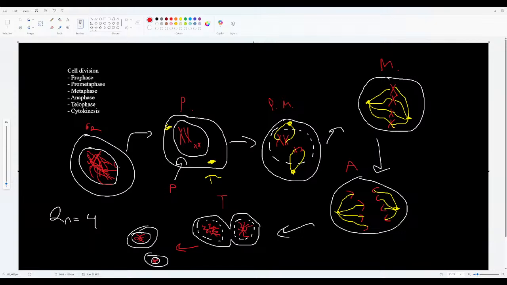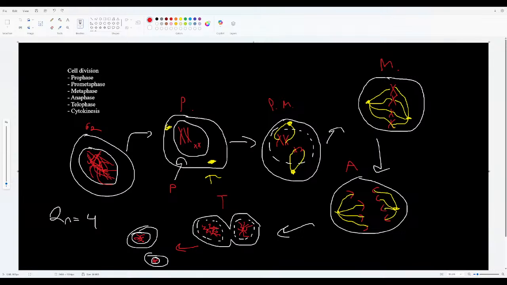We start at G2 phase, and then we go into prophase, where we condense the chromosomes. We have these little centrosomes as well, and in prometaphase we're starting to form the spindles. We dissolve this nuclear membrane, and then we move these chromosomes to the middle for metaphase, and then during anaphase the chromatids are split apart, and then telophase we undo everything we just did.